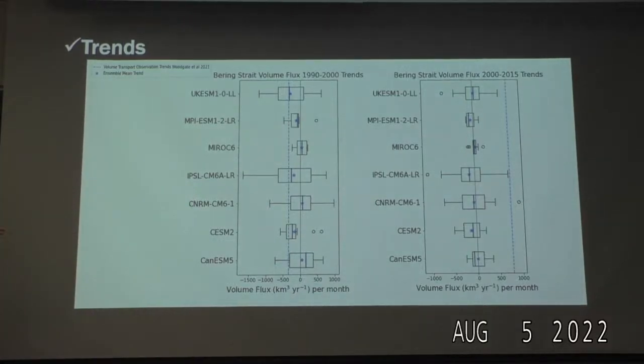The rest contain around 10 to 14. So maybe if the other models contain more ensemble members, they would fall closer to those transport observations. But we still overall here are just seeing that jump in increase in volume flux between the 2 decades.